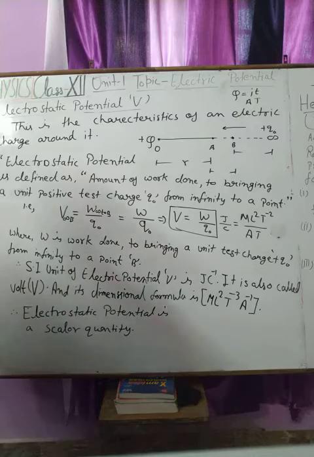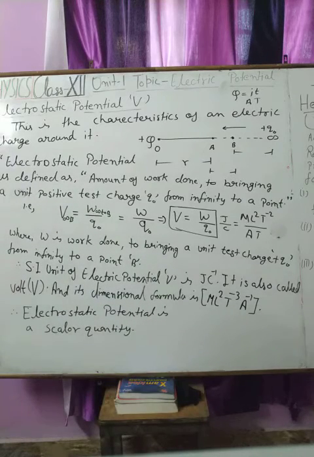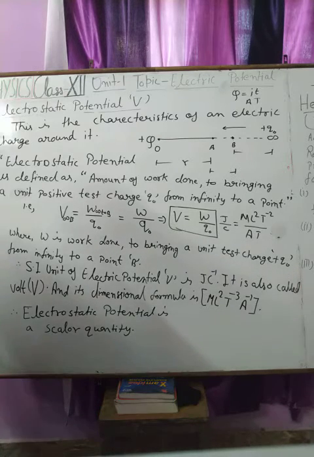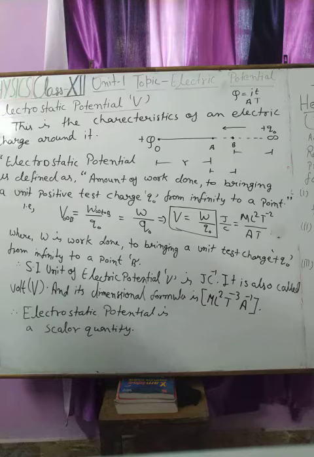Okay students, now copy this note. Then we will go on to understand the potential difference, and we will derive a formula for the electrostatic potential at a point due to a point charge.